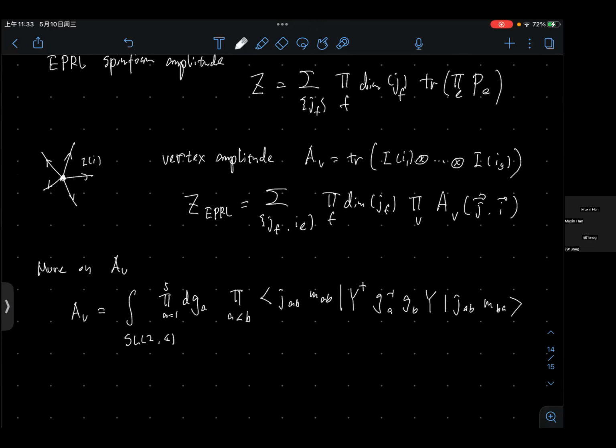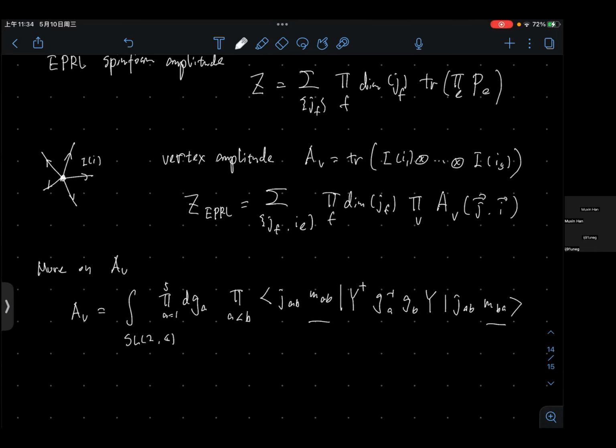Okay. So now it means that we have SU2 states, and first you use the Y map. And then you transform using the SL2C group using this g_B. And then contract with another state, where here you see m_AB and m_BA. They are 2 different magnetic quantum numbers.